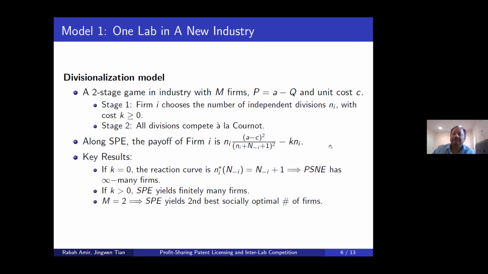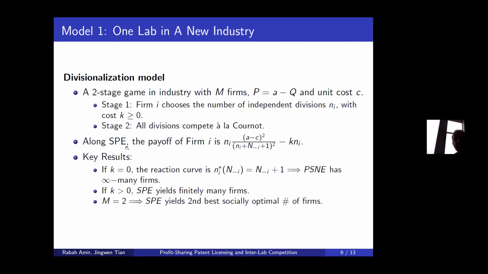Okay. So the setup is linear demand, linear production costs, and actually we call K this fixed cost that we just talked about, this training cost, K per firm. So firm I chooses the number of independent divisions Ni, and then all divisions compete à la Cournot in stage 2. This is the basic model.